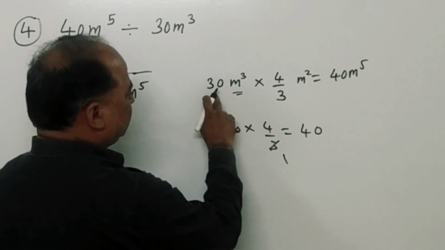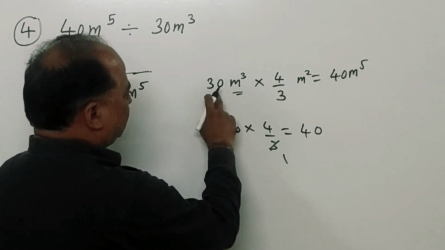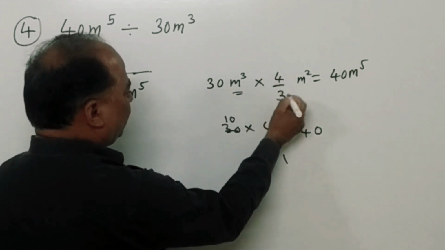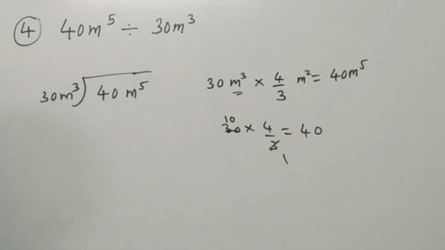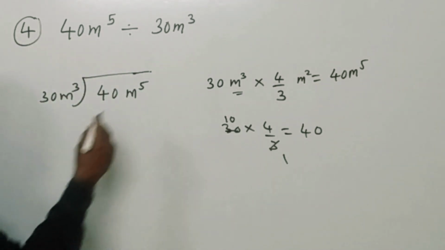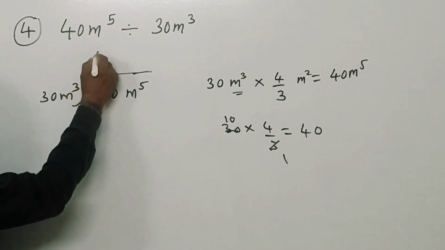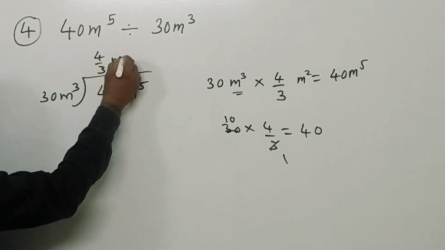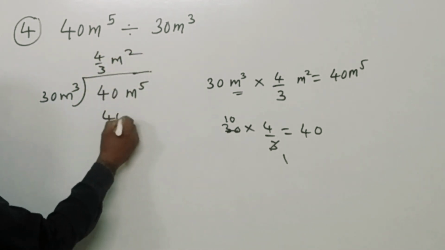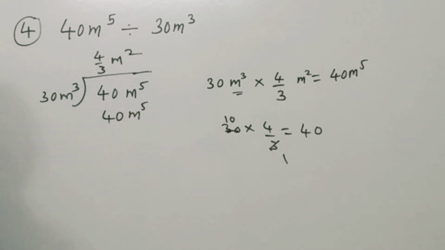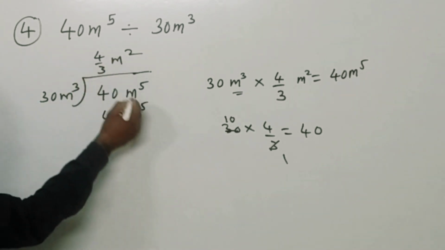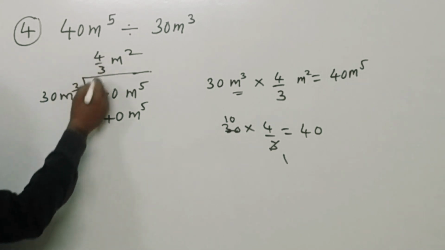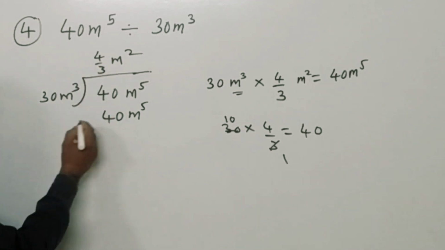So here 30 into 4 upon 3 m square is equal to 40m raised to 5. M cube into m square is m raised to 5 and 30 into 4 upon 3 is equal to 40.